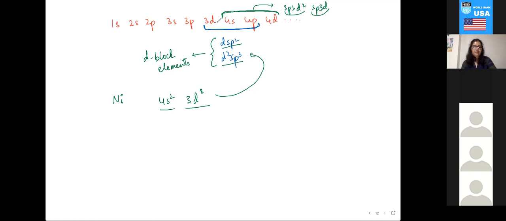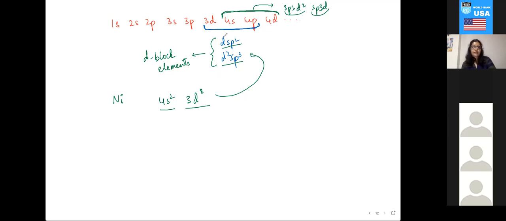So if you have the D shell coming from the previous shell, like if you have a 3D and 4s and 4p taking part in hybridization, then you get dsp2 or d2sp3. But if all three belong to the same shell, like 4s, 4p, 4d, or 3s, 3p, 3d, then you get sp3d2 and sp3d hybridization. Okay, got it.